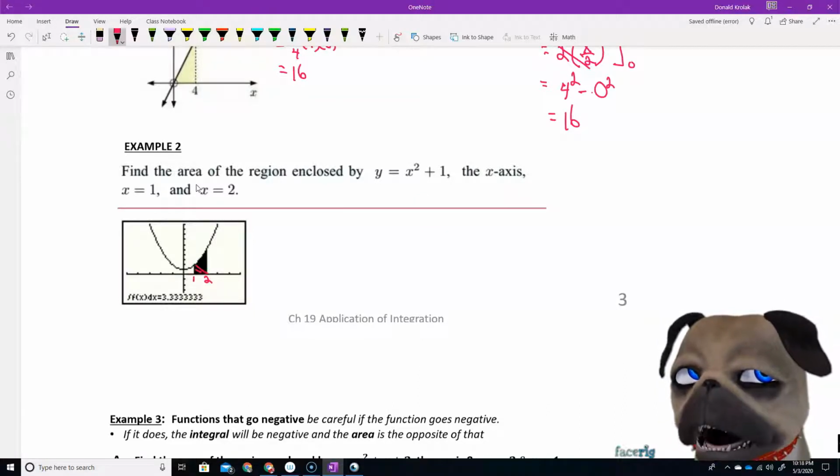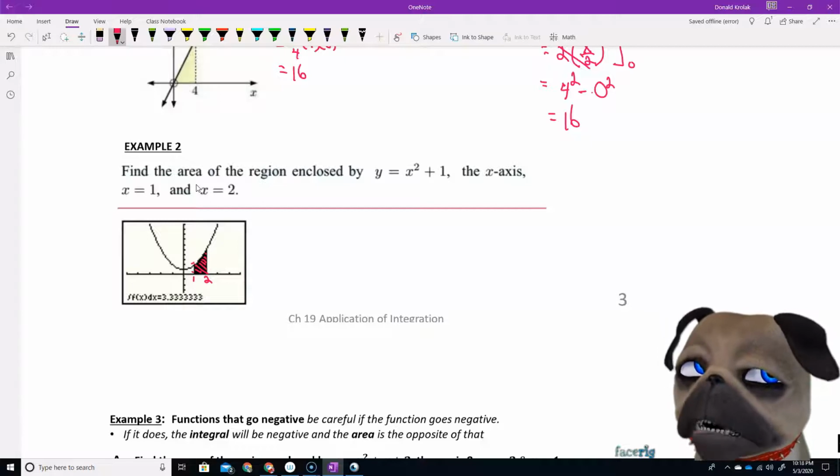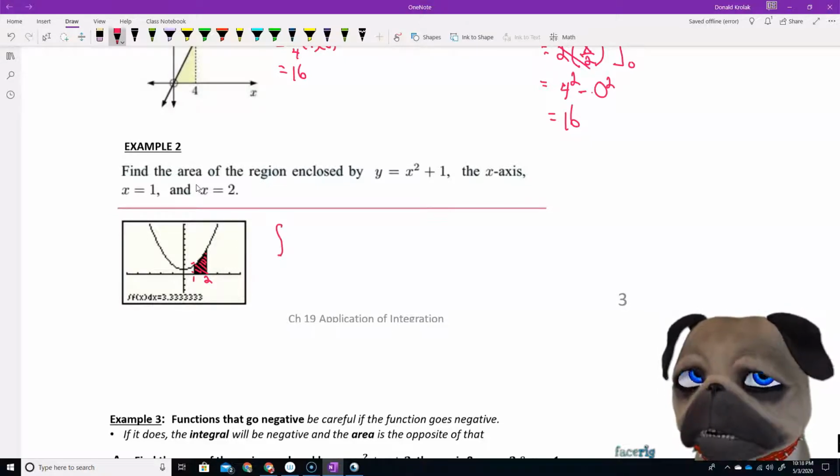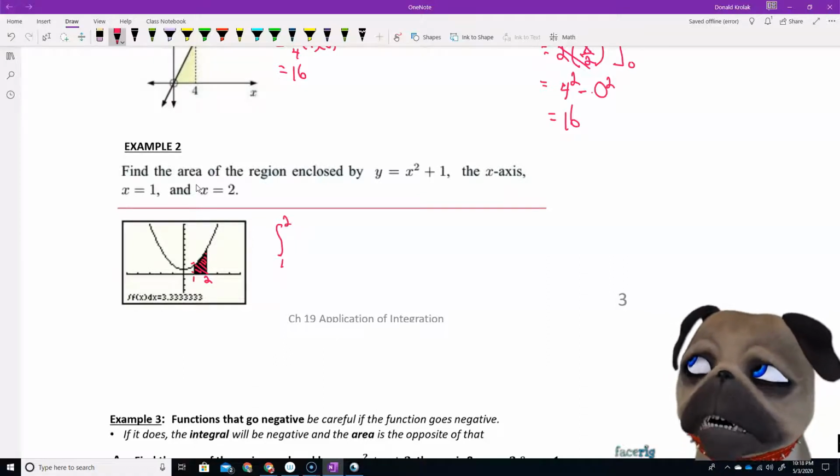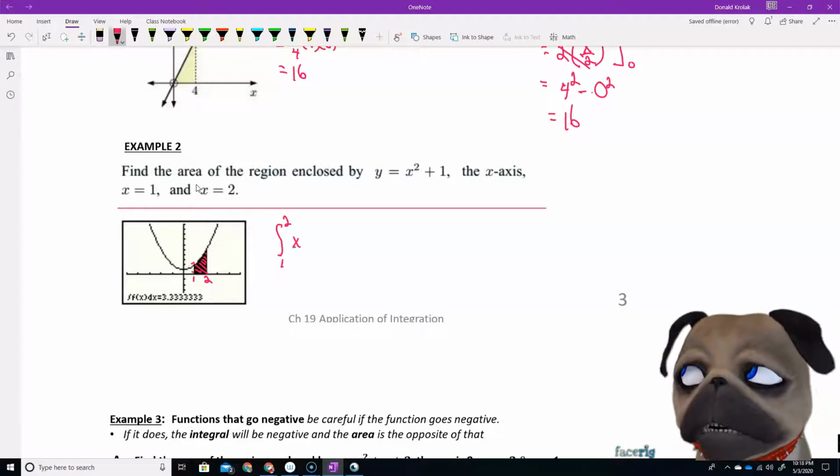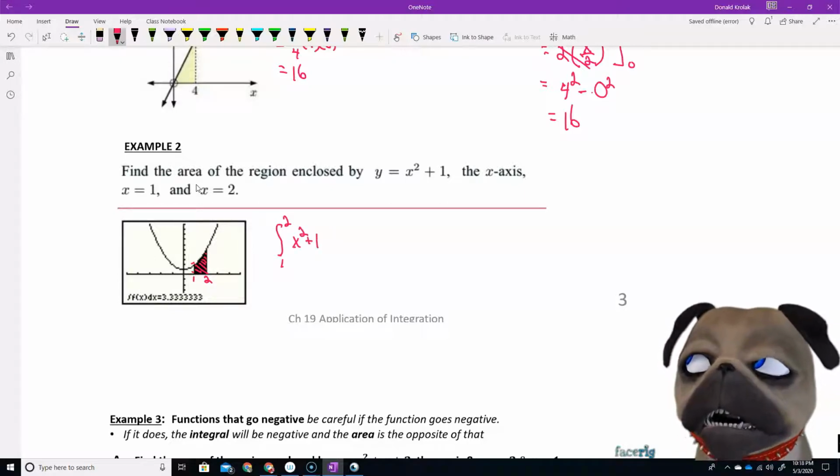We don't have a geometric formula for this shape. It's almost a trapezoid, but there's a curve there. So we can do it using a definite integral. In this case, our integral would go from 0 to 1. Okay, and now we integrate that.